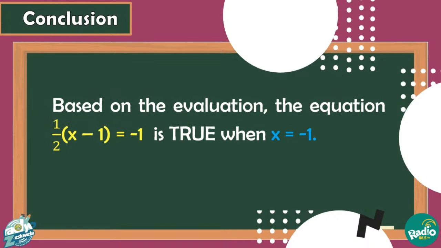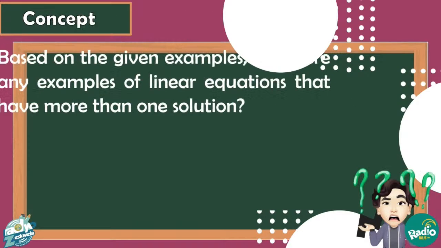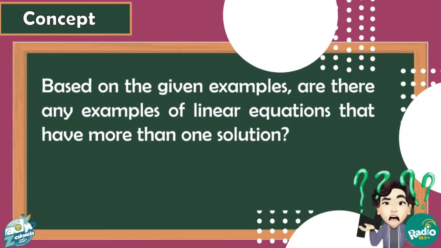Based on the evaluation we had, the equation 1/2 times the quantity x minus 1 is equal to negative 1 is true when x is equal to negative 1. Based on the given example, students, are there any examples of linear equations that have more than one solution?